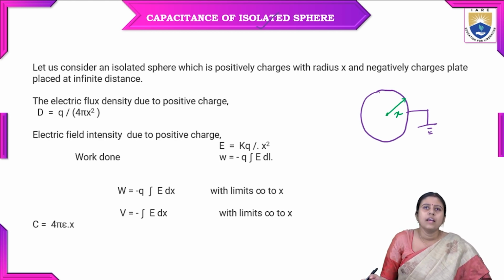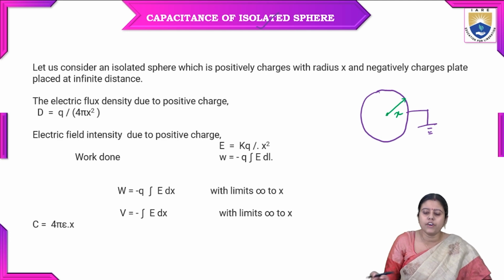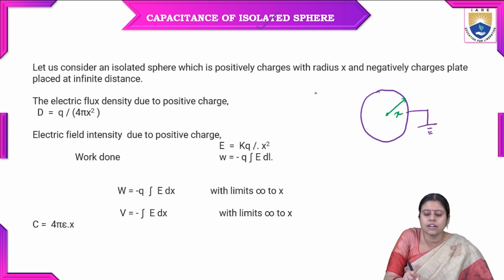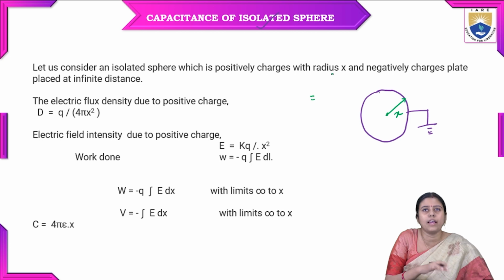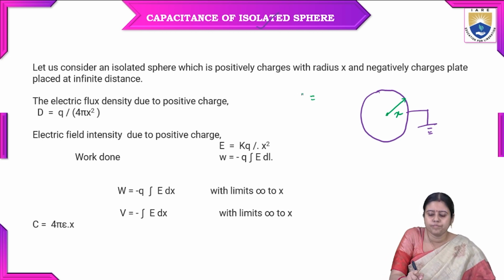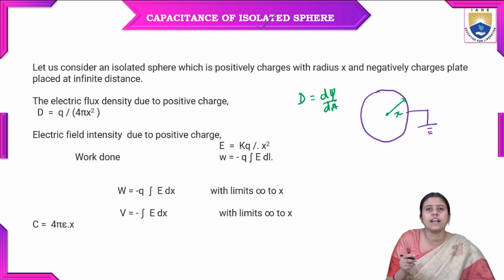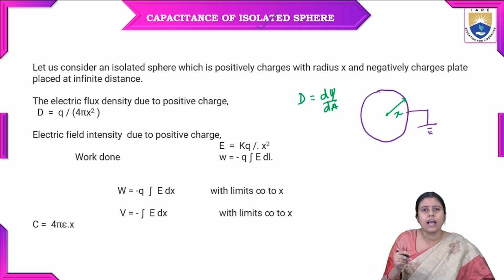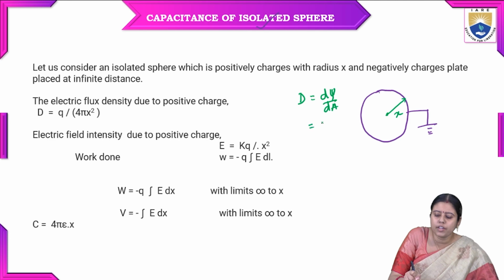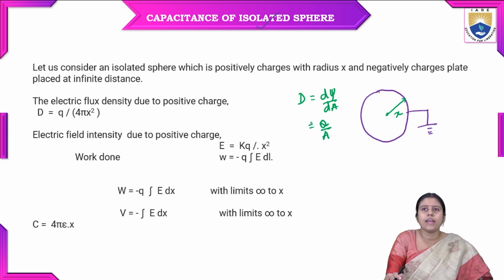So what is the electric flux density of a sphere? We know electric flux density D is equal to, again using Gauss law, d psi by dA, or psi by A. Psi is the electric flux, and according to Gauss law, psi is equal to Q. So we can write Q by A. Now what is Q by A for a sphere?